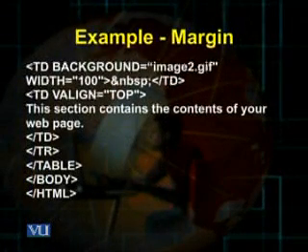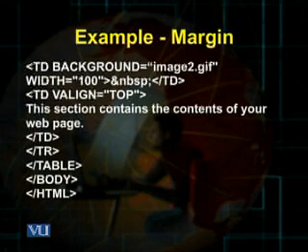Then in the second column, the second TD, I use the attribute v-align, as I just explained earlier, and I have kept its value as top. I told you by default the value of v-align is middle or center. Here deliberately I have kept its value top.